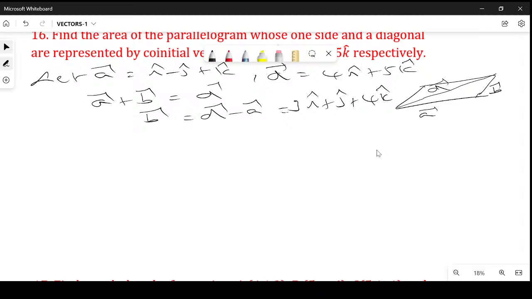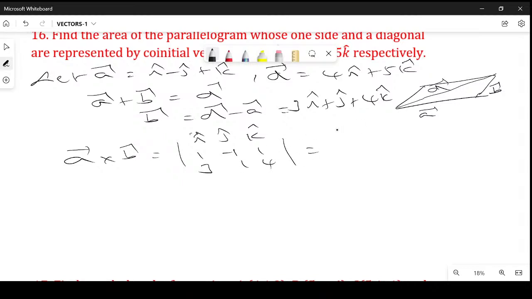Write the determinant with i cap, j cap, k cap. What is a vector? We know 1, minus 1, 1. Be careful, and b bar is 3, 1, 4.